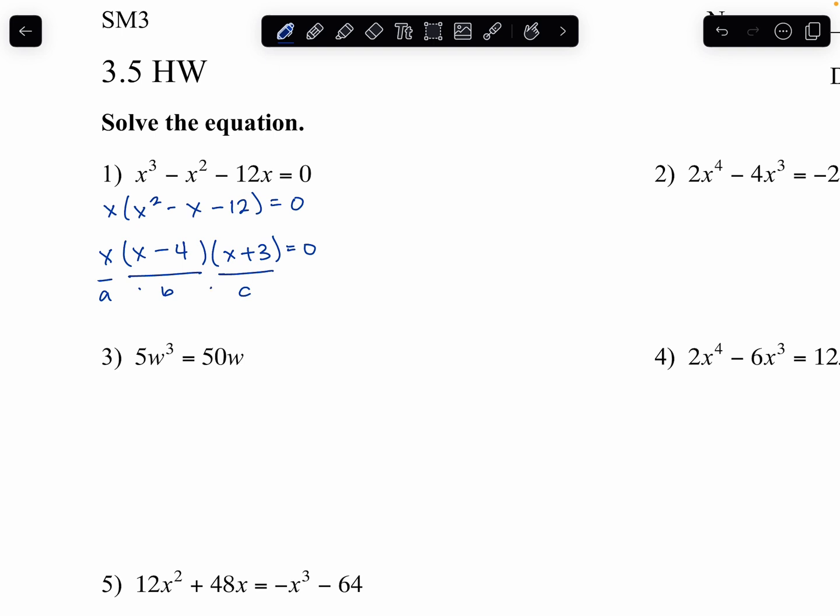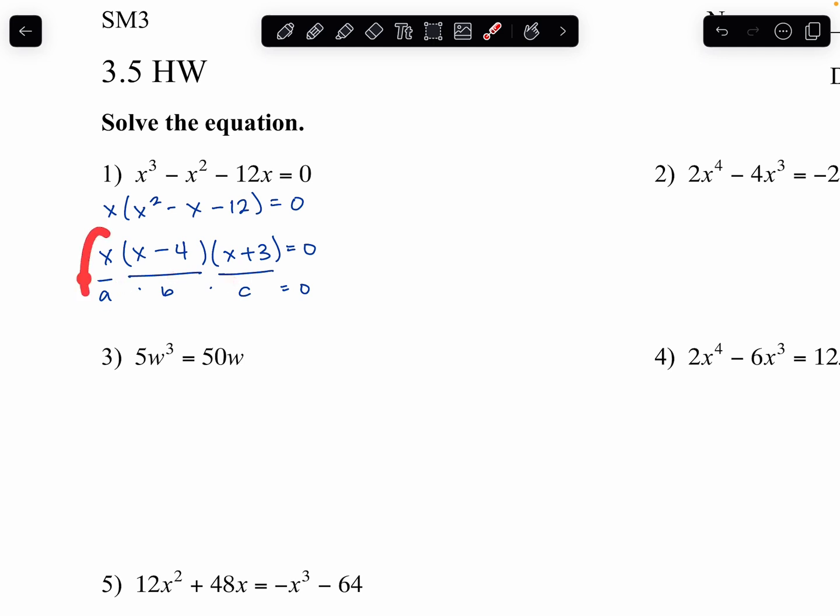These are all being multiplied, and they're all equal to 0. And so if a times b times c, or x times x minus 4 times x plus 3, is equal to 0, then one of these has to be equal to 0. The only way to get a 0 from a product is if one of them is 0, right?